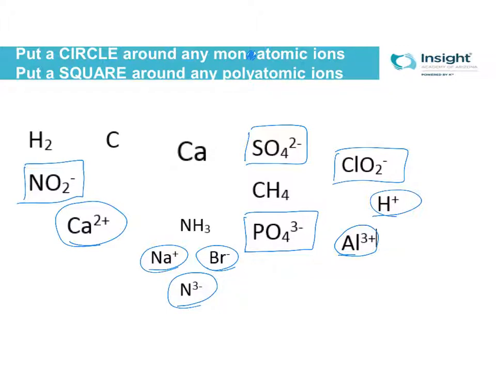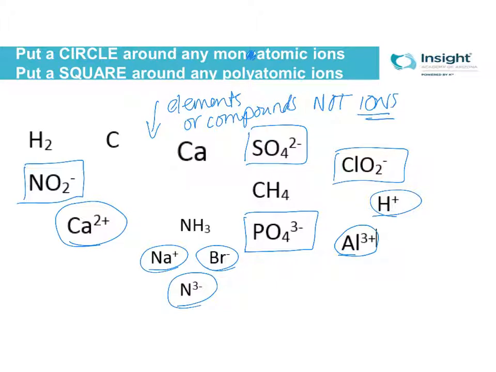What are they missing? These are all elements or compounds, not ions, because to be an ion, you have to have a charge. So everything that I boxed, I know is an ion because it has that charge.